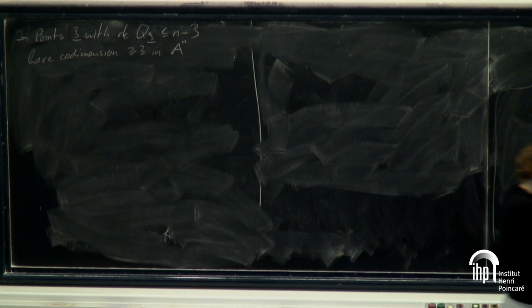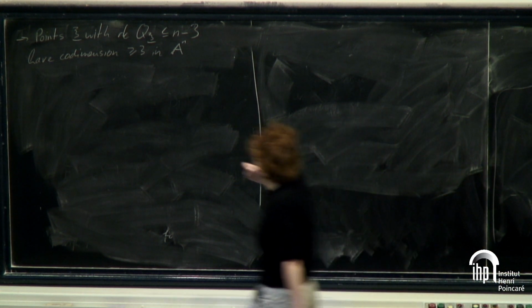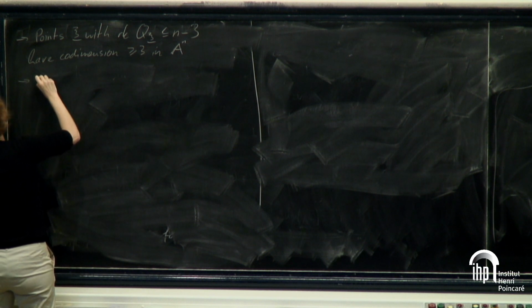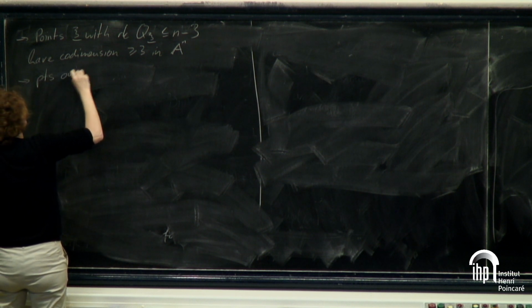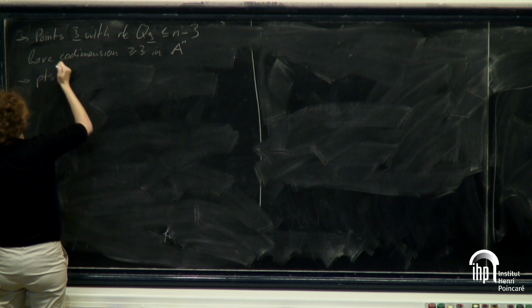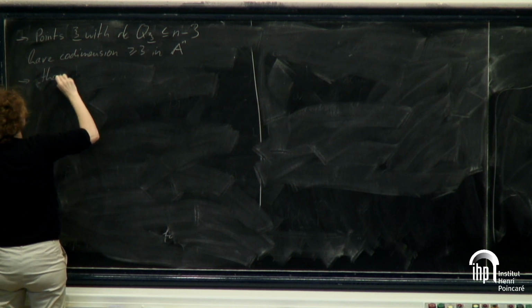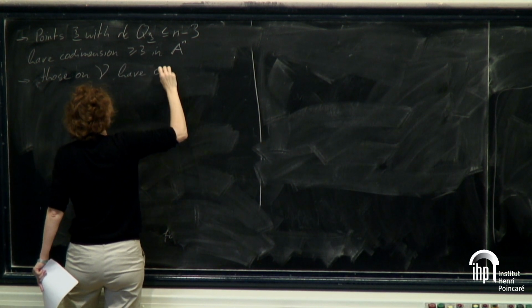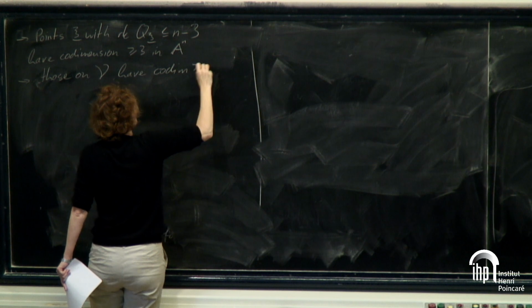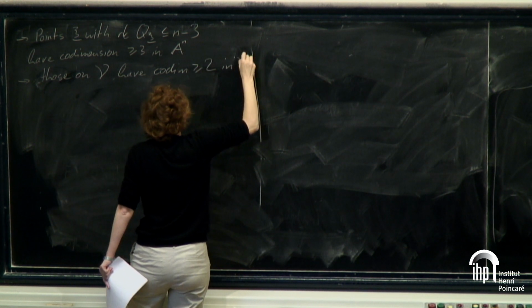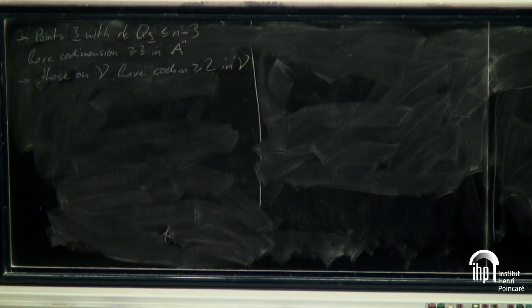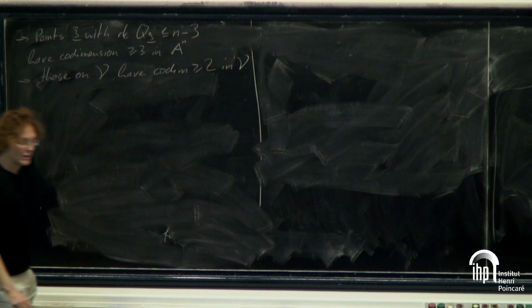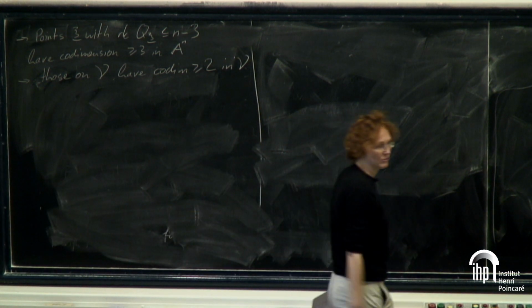And so if we look at the points on the hypersurface, I mean, I'm really sloppy here, but there is lots of space, so I can afford to be sloppy. So those on V have codimension at least 2 in V. Now if we have codimension 2, that means we can walk around them with a path.